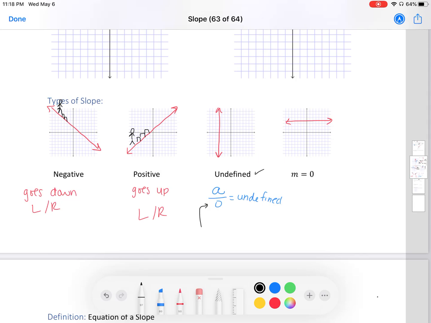And a vertical line has an undefined slope. And lastly, we can have a slope of 0, which is from a horizontal line. When you try to find the slope of a line algebraically, if we have 0 over a number, well, 0 divided by any number is always 0. So a slope of 0 gives you a horizontal line. And we'll see an example of that soon.